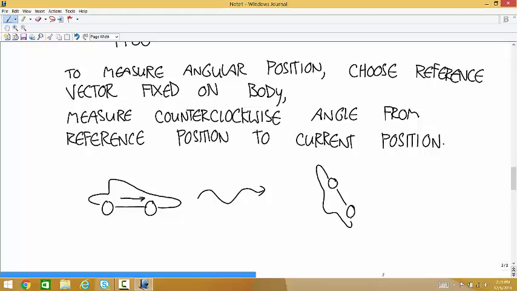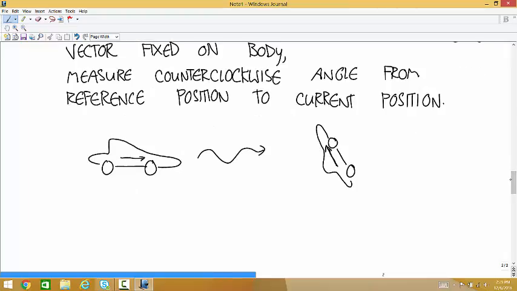Okay, so the spray painted arrow is going to look like that. And to measure that angle, put those tail to tail. And then the angle is from this starting position to this.